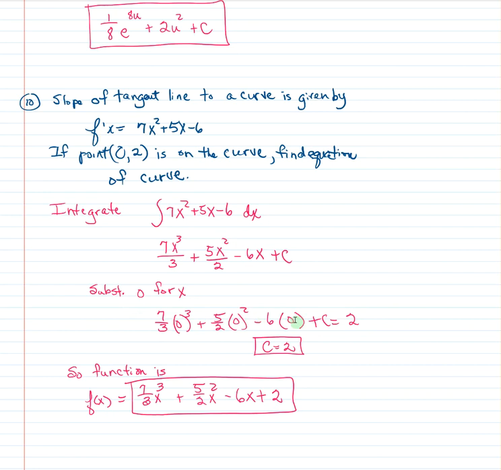Well, all of those go to 0, and we're left with c is 2. That's not the answer to the question. The question is, what is the equation of the curve? So we rewrite it, this piece, and instead of c here, we will actually plug in our 2. So your answer would be 7/3 x cubed plus 5/2 x squared minus 6x plus 2.